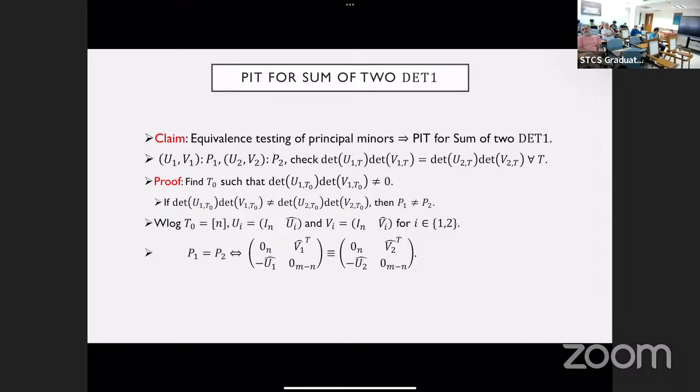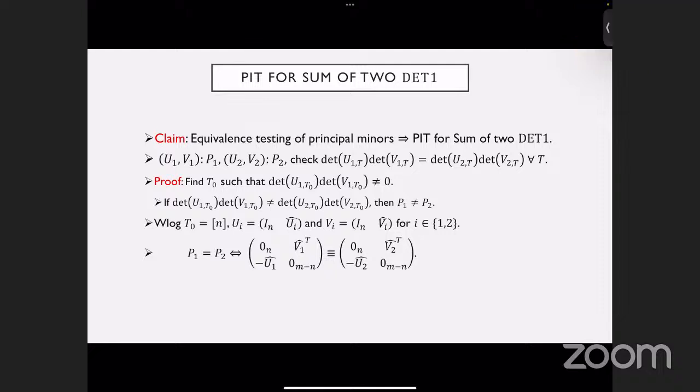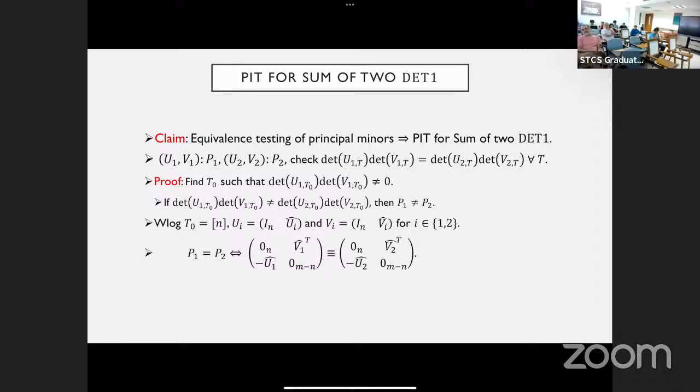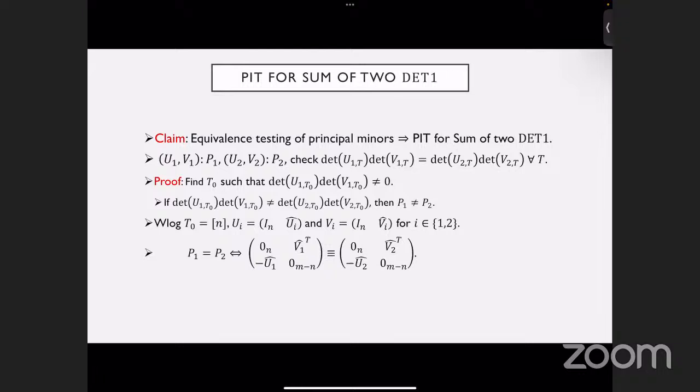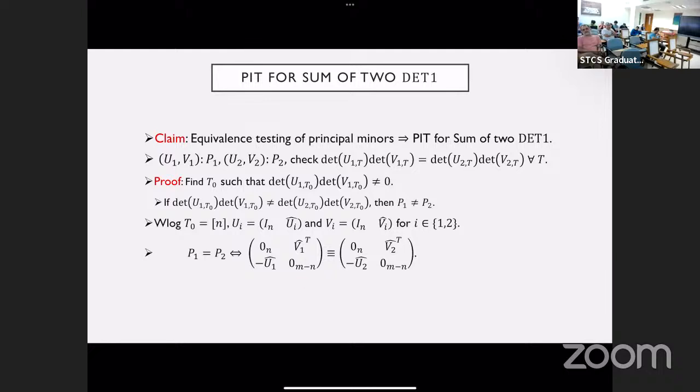So you're now producing two matrices such that their minors are exactly the product of these determinants. Yes. Because what will turn out is that the only minors which are non-zero will correspond to those that have this value equal to this product, and all other minors will be zero for this matrix.